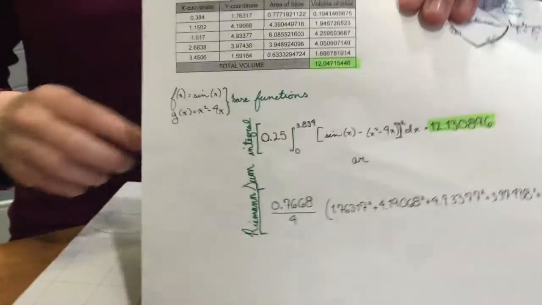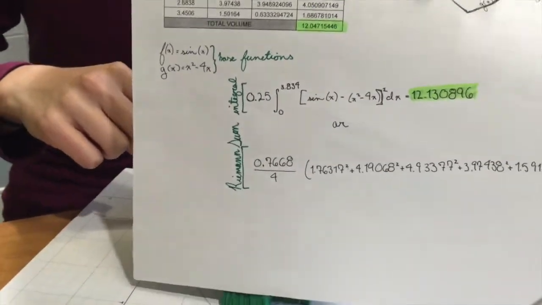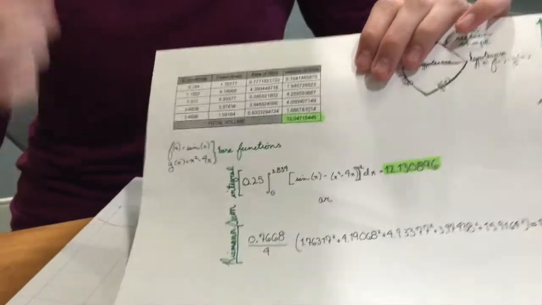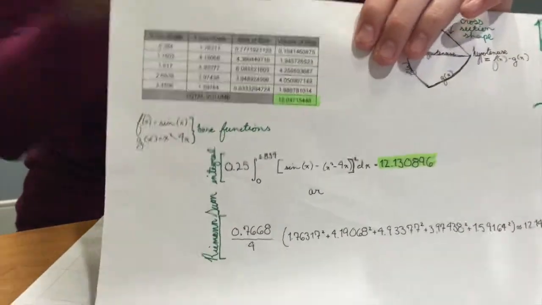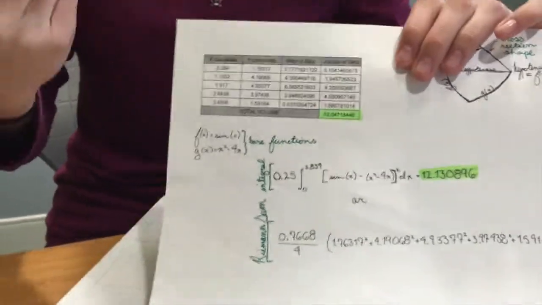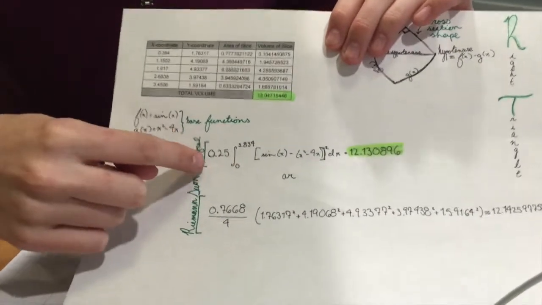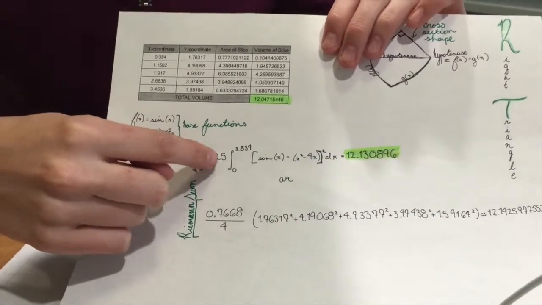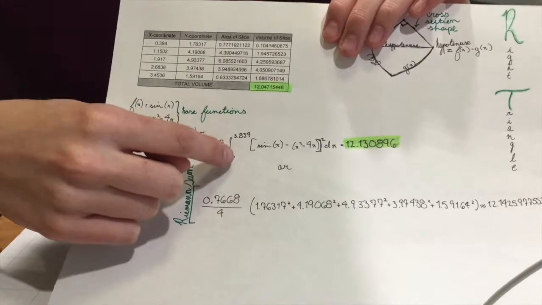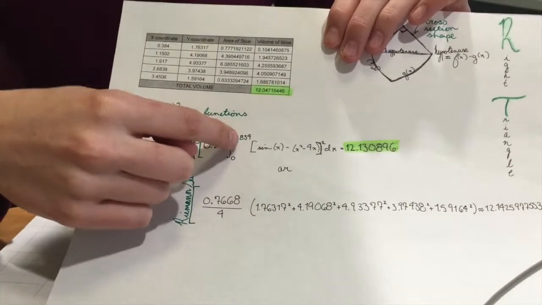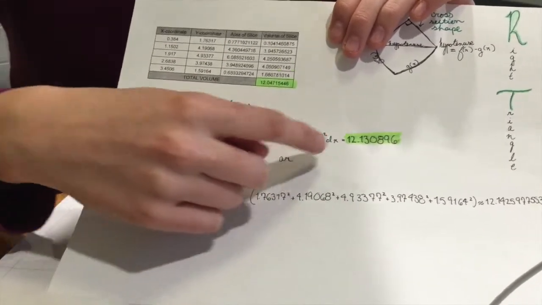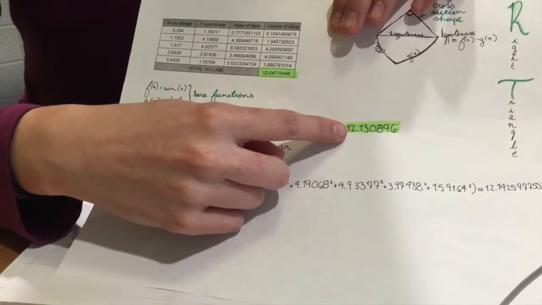Now, if you can't take the volume of each section and you want to do it as a whole and approximate it as if it were infinitely many right triangles, you would just take the integral. You do the similar thing where you do 0.525 multiplied by the integral of 0 to 3.834. When you do this, you're going to get about this number.